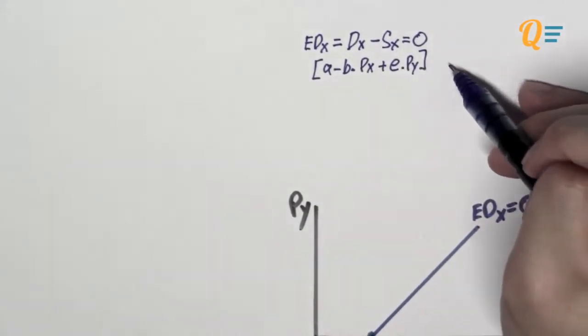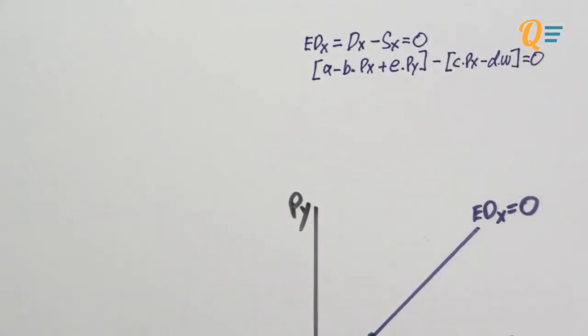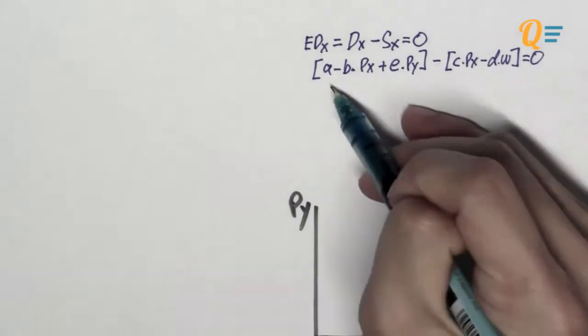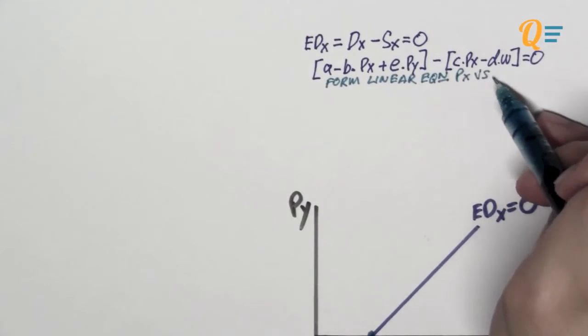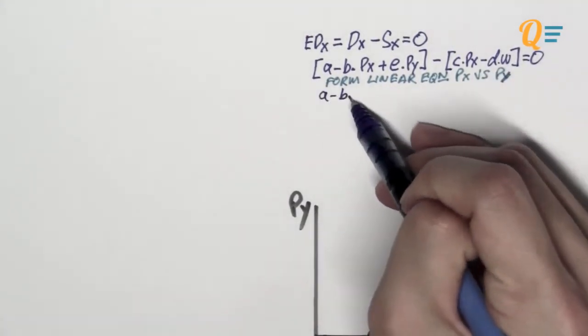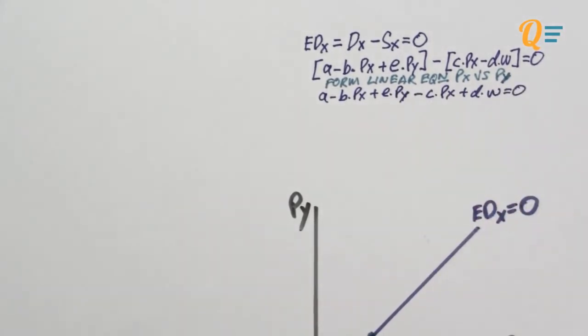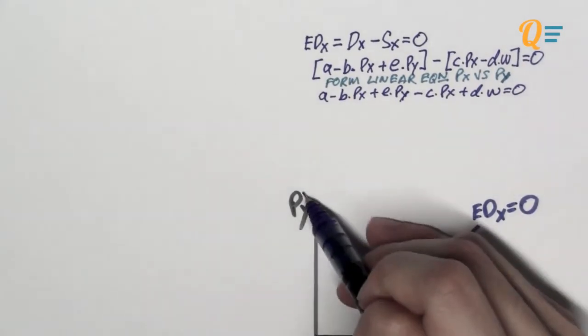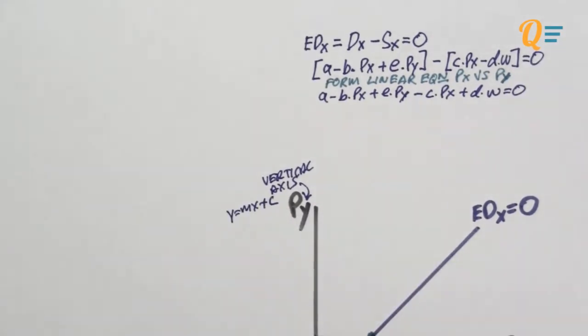So you write down the equations that we have established previously, and you equate that whole thing to 0. What you want to do now is to form a linear equation so that you can see what the EDX = 0 curve looks like in a graph space of PX versus PY. Take a look at the vertical axis here. The variable here is Py, right? So what you want to do is to form something like y = mx + c.